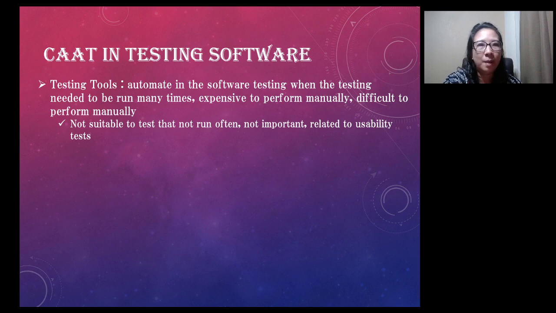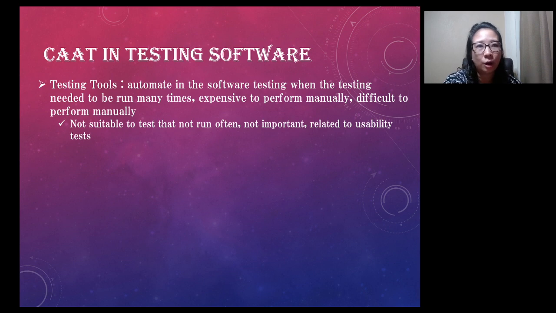So by looking into these testing tools, the auditor can also get some information about the software, whether the software has been implemented properly or not, whether the testing was done according to the testing scenario or not. The testing tools are usually the automation of software testing.